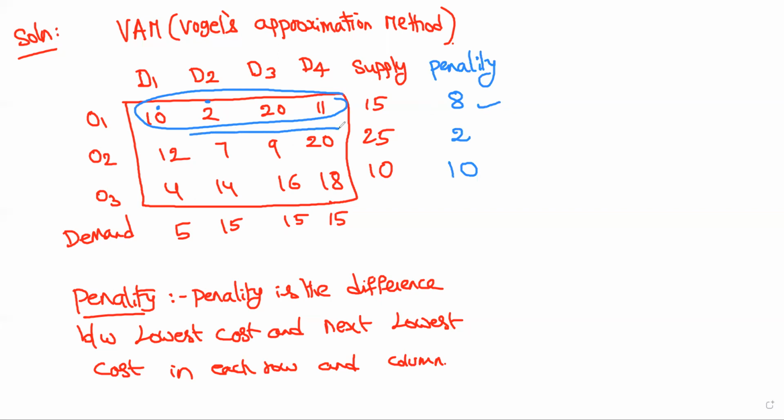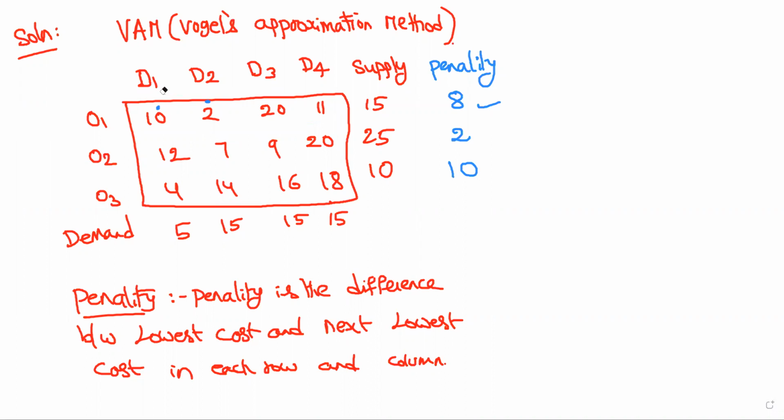Second row: 7 and 9, the difference is 2. Third row: 4, 14, 16, 18. The least element is 4, the next is 14, so the difference is 10. Like this I wrote the penalty for the rows.